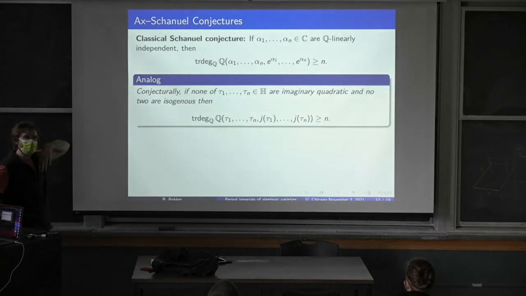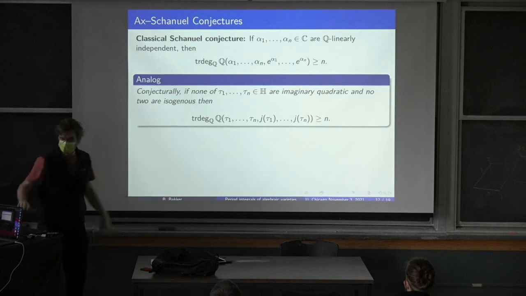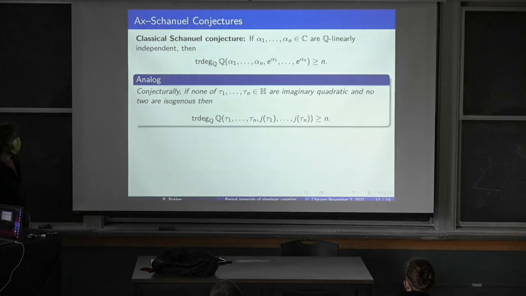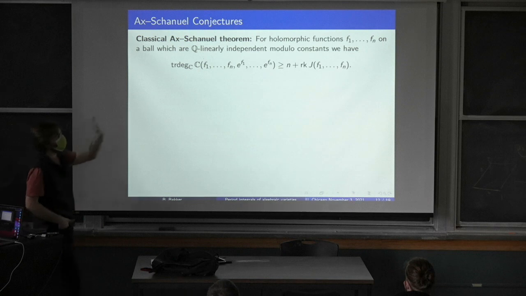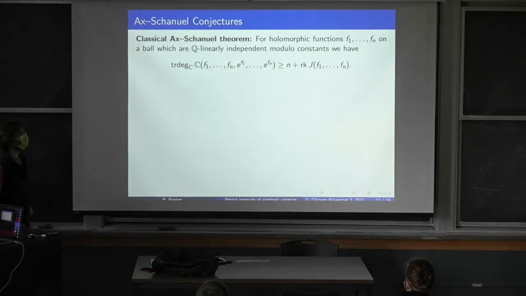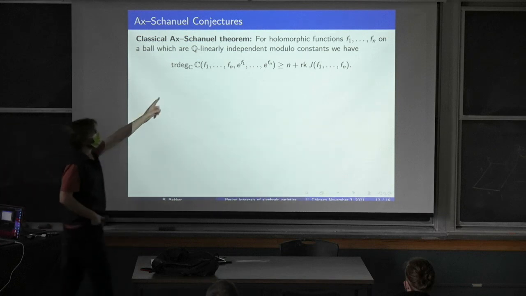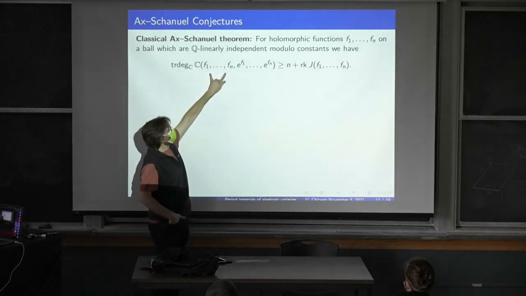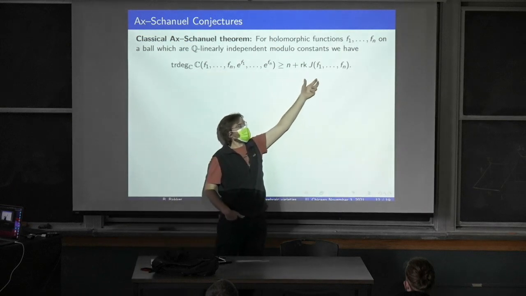This is the kind of statement that we want to upgrade to a statement about transcendence of functions. Okay, so how do we do that? Well, luckily, this was already done by Ax in the 70s, who proved the following functional analog of the general conjecture. Okay, if I take holomorphic functions f1 through fn on a ball, which are Q-linearly independent modulo constants, then the transcendence degree, now over C, of the field generated by those functions together with their exponentials is at least n plus this other term.